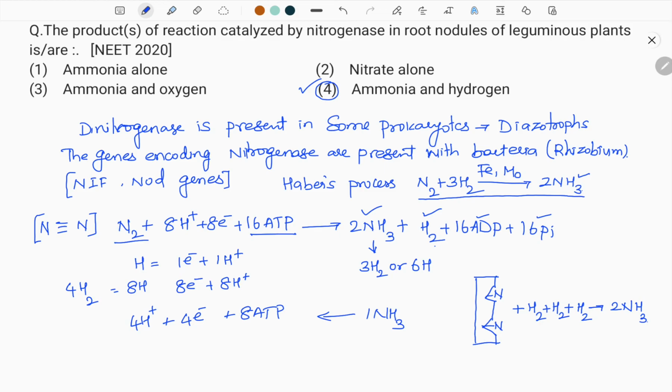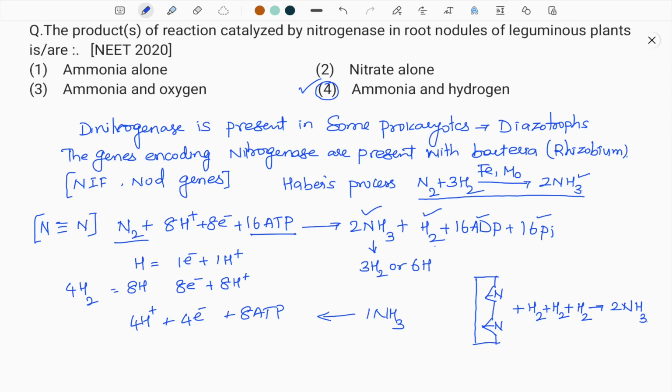Do remember that this takes place in all biological nitrogen fixation processes. So I think the equation is helpful for you. You have to practice the equation again and again to get it thoroughly. Then only you can know that for 1 ammonia molecule 8 ATP are required, for 2 ammonia molecules 16 ATP are required.